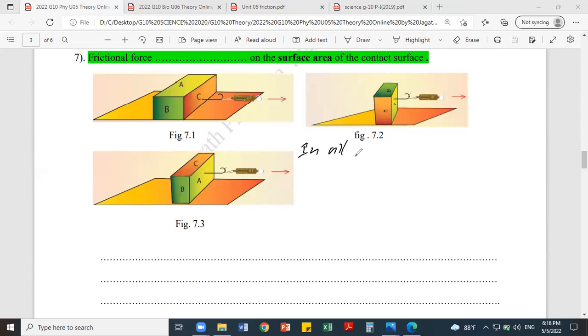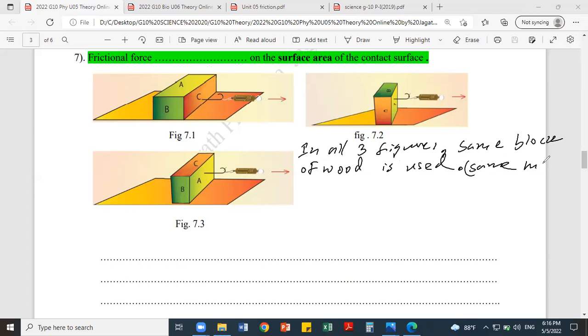In all three figures, the same block of wood is used. That means the same mass, or the same weight.